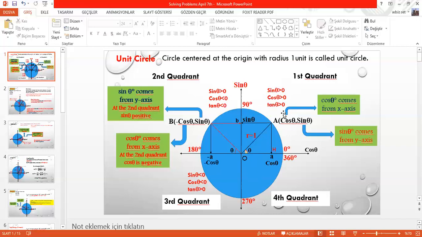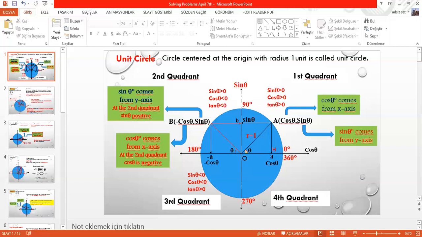Second quadrant means we have an angle greater than 90 degrees and less than 180 degrees, from here to this part. Now, this one is negative cosine theta and sine theta.